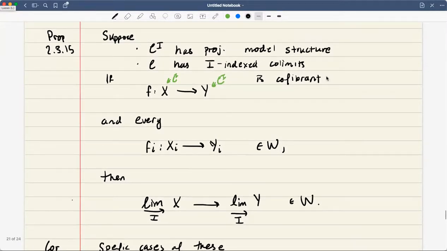So if we're working in a projective model structure, then some nice things happen with limits and colimits. Again, you're working in the functor category from I to C. C has I-index colimits, and let's say you have a cofibrant map in your projective model structure, which is like a natural transformation.